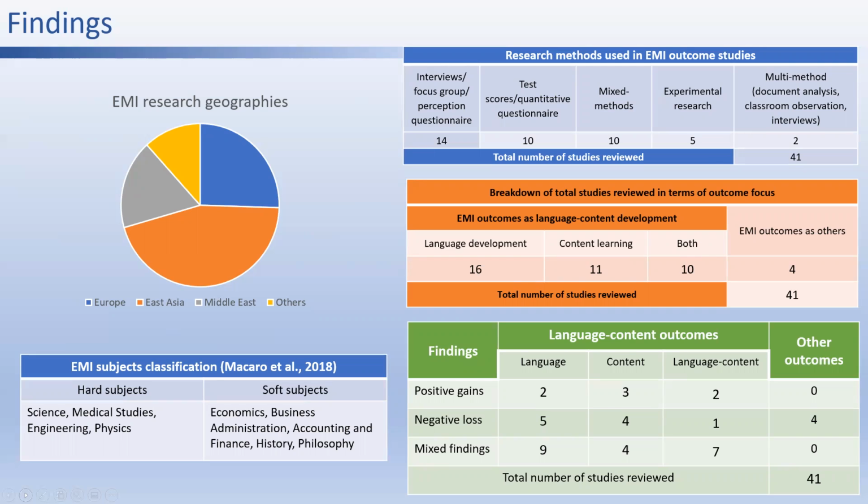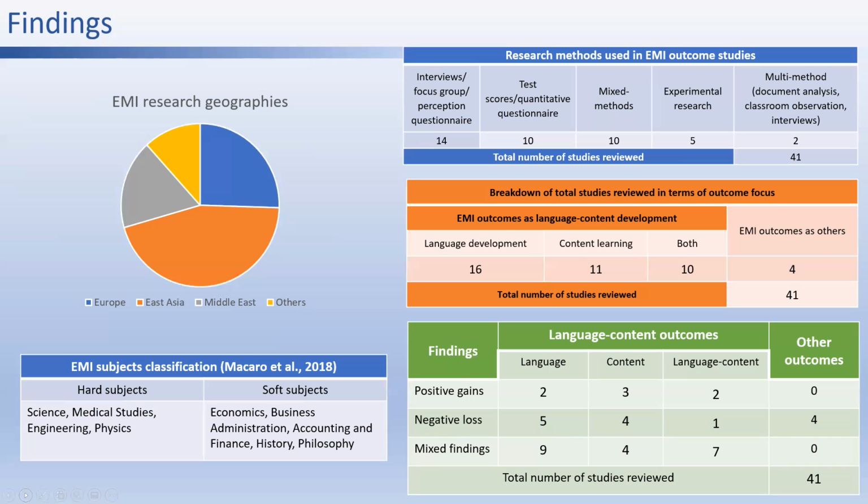Hard subjects include science, medical studies, engineering, or physics, and soft subjects include economics, business administration, accounting and finance, history, and philosophy. So the range of EMI subjects considered in this research is quite large.